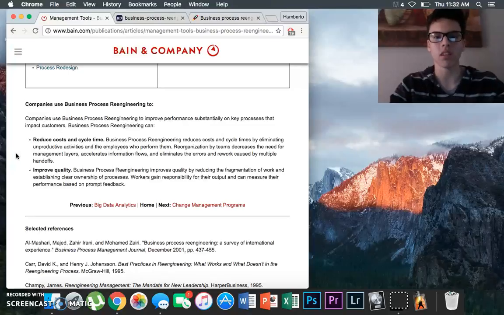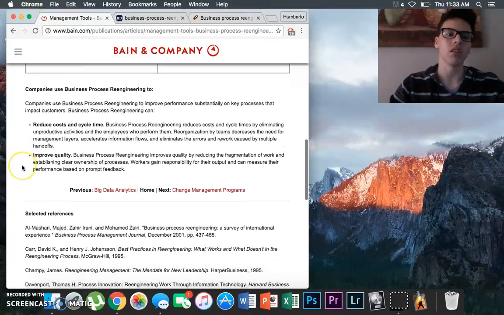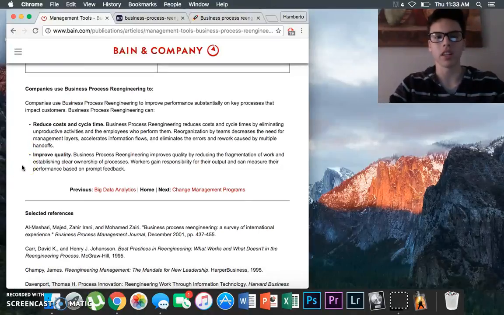Reorganization by teams decreases the need for management layers, accelerates information flows, and eliminates the errors and rework caused by multiple handoffs. Also, it improves quality. It states business process reengineering improves quality by reducing the fragmentation of work and establishing clear ownership of processes. Workers gain responsibility for their output and can measure their performance based on prompt feedback.